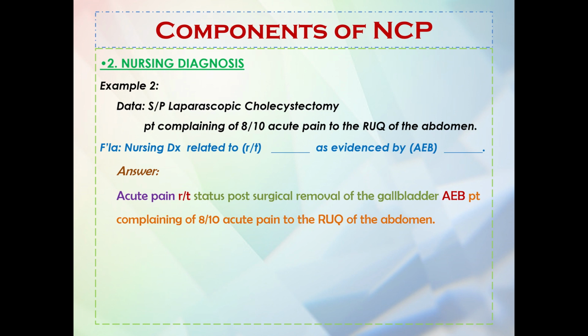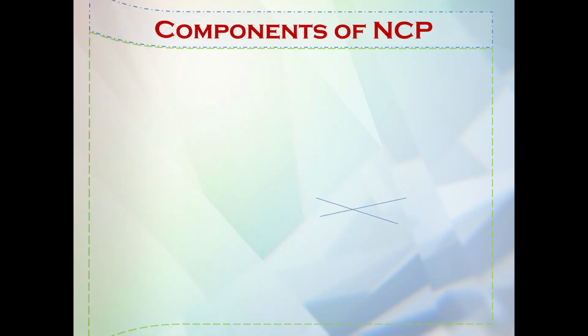So again, yung secondary to, pwedeng wala na yon, okay? It's up to you. So pwedeng hanggang related to na lang tayo tapos status post surgical removal of the gallbladder tapos as evidenced by. Okay, so this is our second example of the nursing diagnosis.